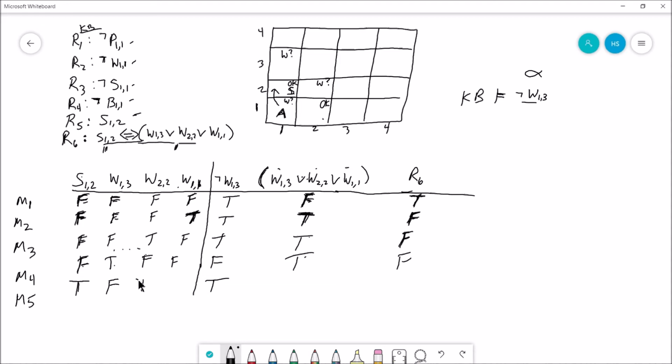So let's say that there is a Wumpus in 2,2. Then that would make this sentence true. So now stench in 1,2, this first part, and then the other sentence would be true because we've got a Wumpus in 2,2. So then R6 would be satisfied. This right here would be an example of a model for a world where there is no Wumpus in 1,3.